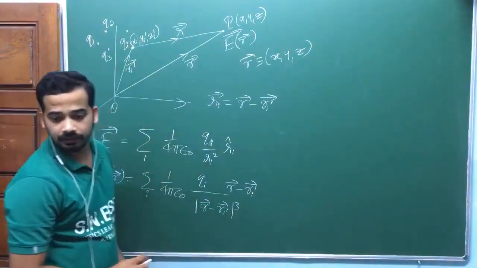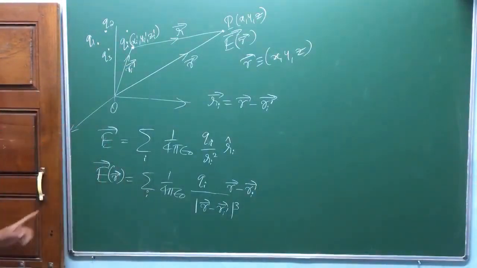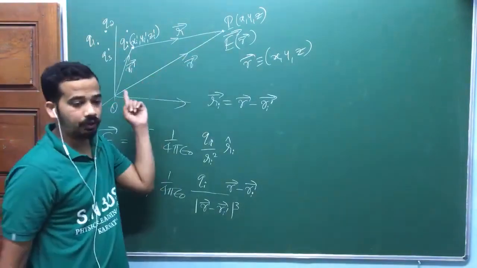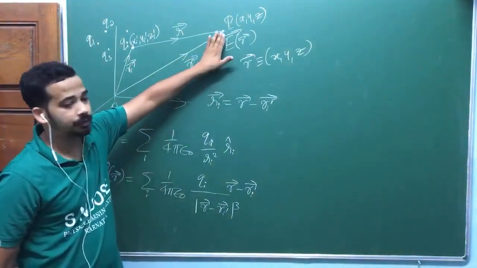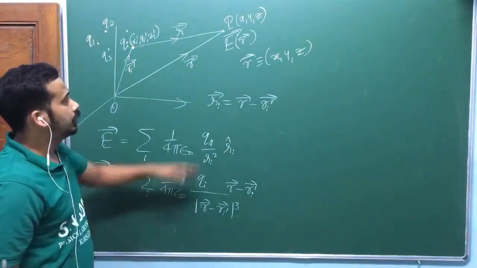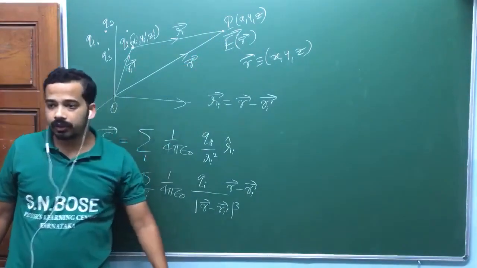Find the difference. After you do the summation, it will be a function of spatial coordinates of this point. That's a vector field, okay, which depends on the coordinate of the point.